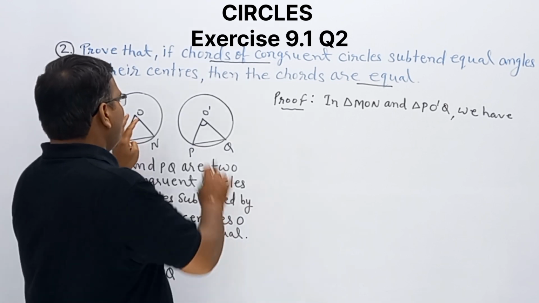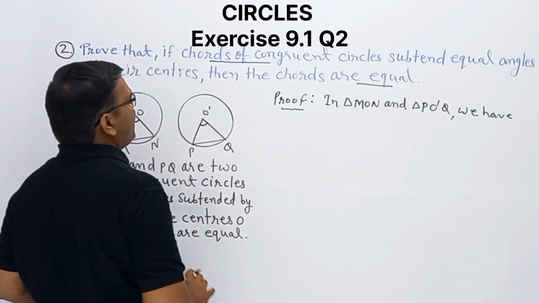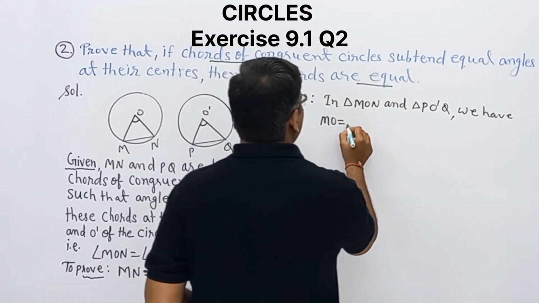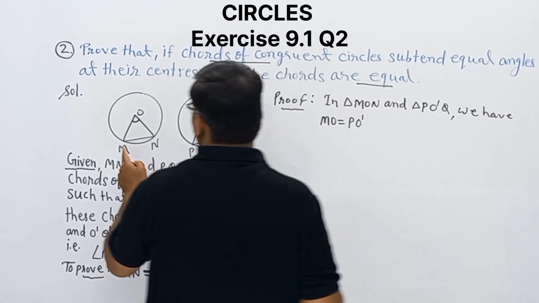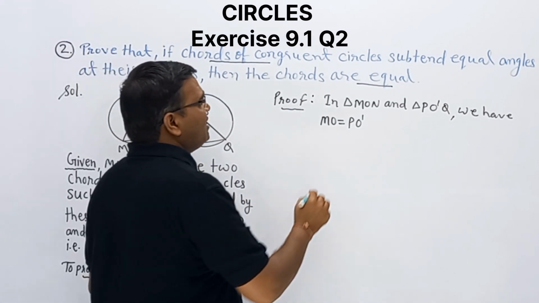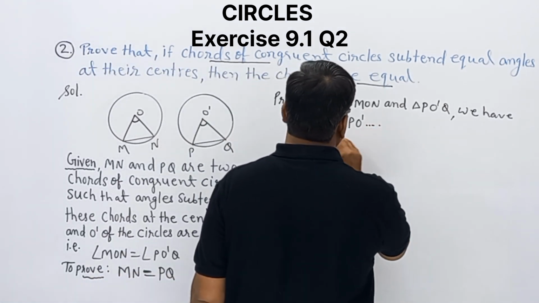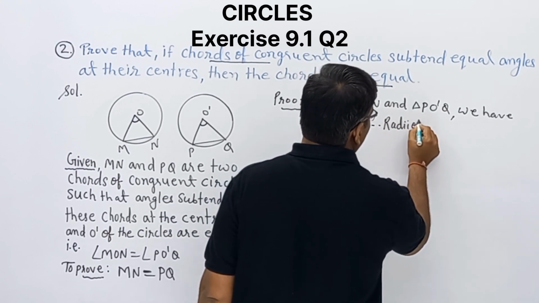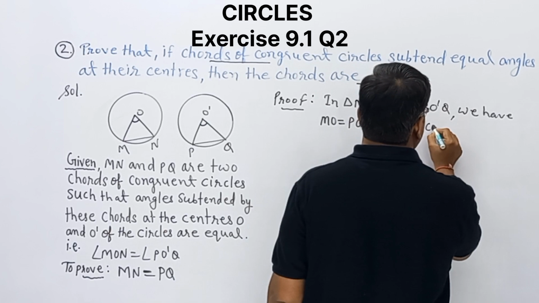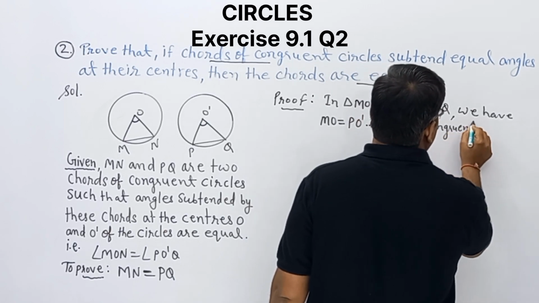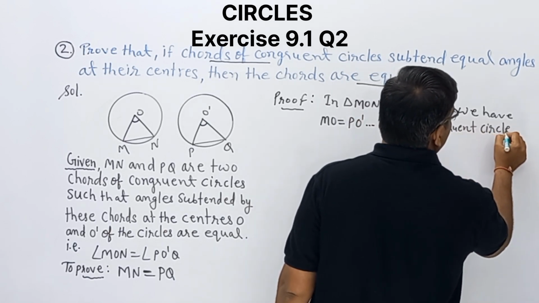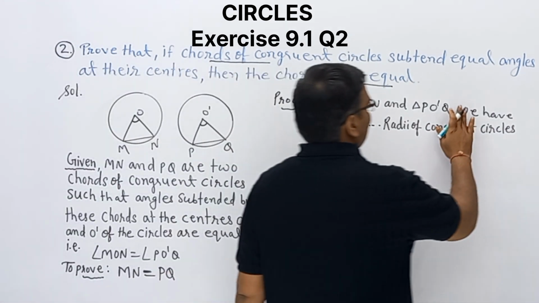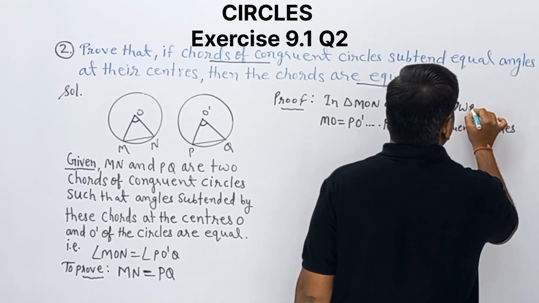So what can we say? Once we take these two triangles, MO equals PO'. Why? Because they are radii of congruent circles. So we have this.